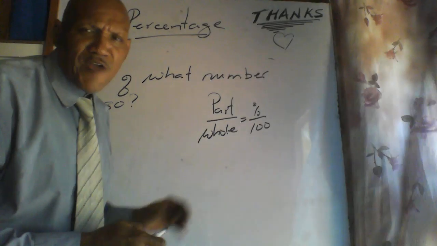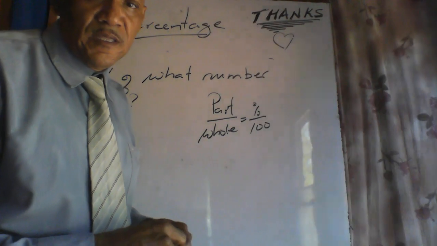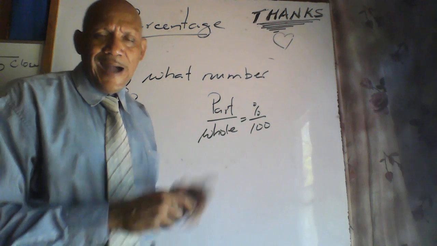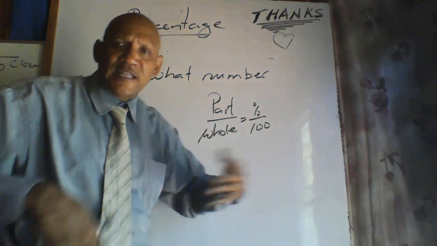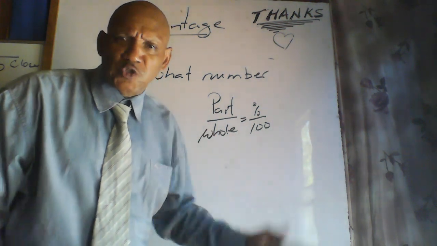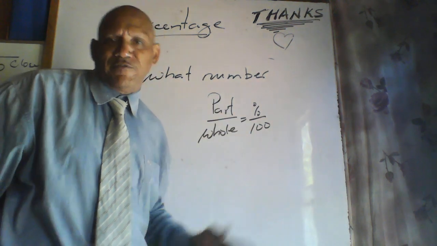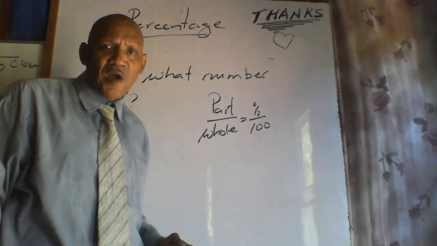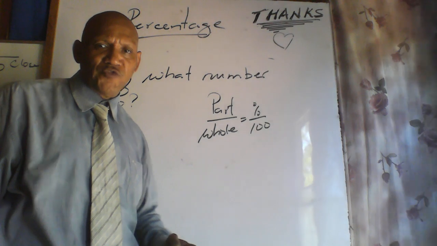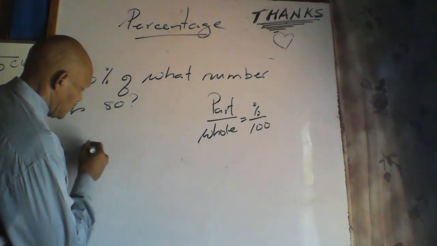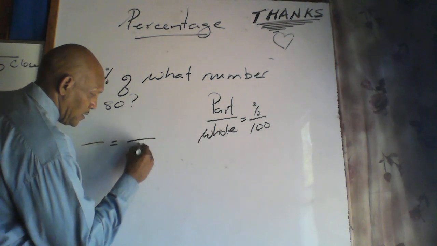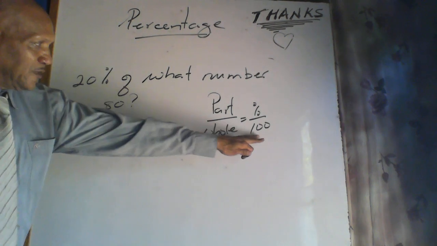You don't have to keep writing that down. I'm just doing it so that we get used to doing it and seeing it, so we remember it every time we see it. Part over whole is equal to percent over 100. So this is the setup. That's the only thing that's given, the 100.